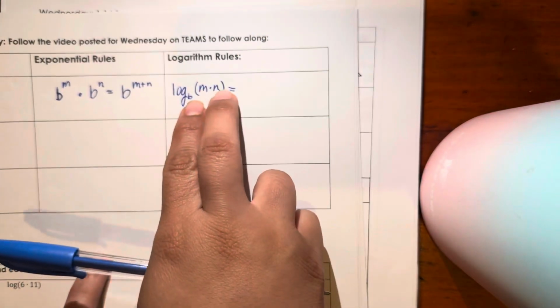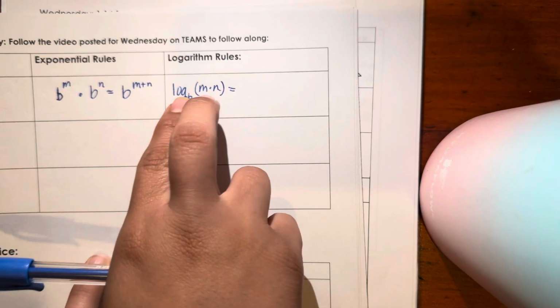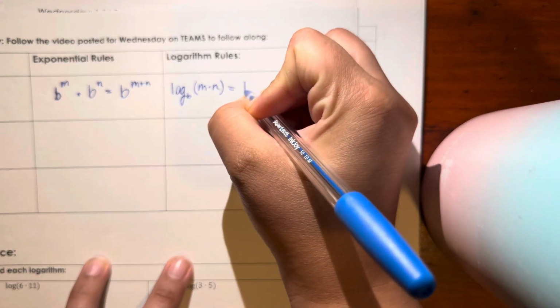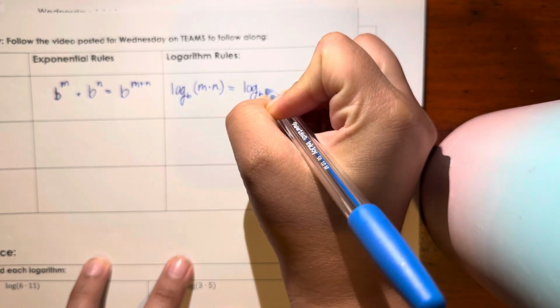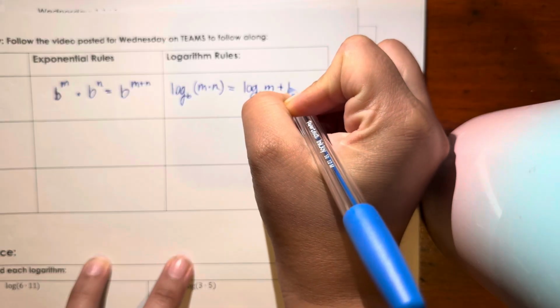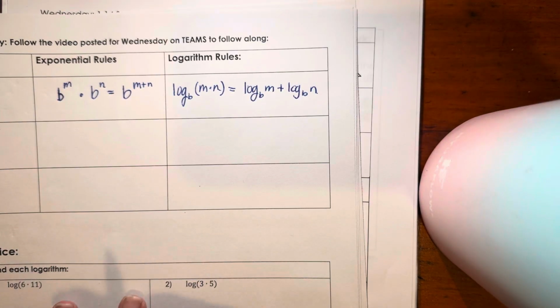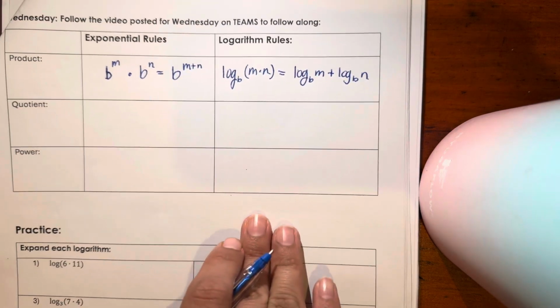So it's going to separate into two adding logarithms. It's going to be log, still base b of m, plus log base b of n. And you'll see an example of it when we get to the bottom.